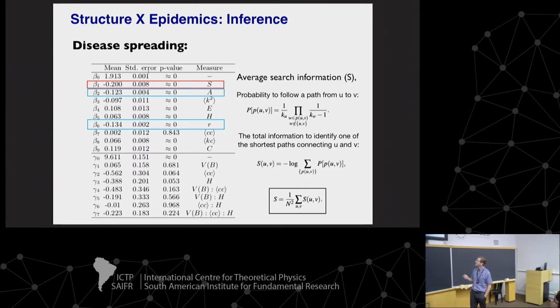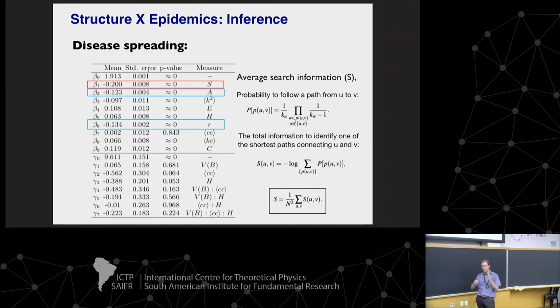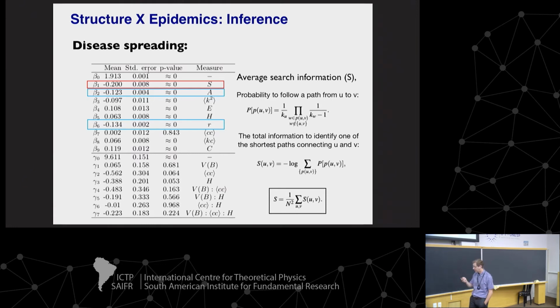Basically, the idea is to go from vertex U to V; this gives the average number of yes or no questions I have to ask to go from U to arrive at V following a random walk. This is the measure. Another important one is the number of articulation points, and also the assortativity for disease spreading.